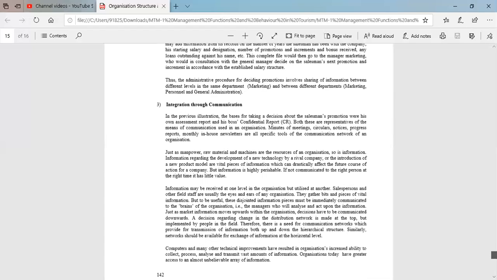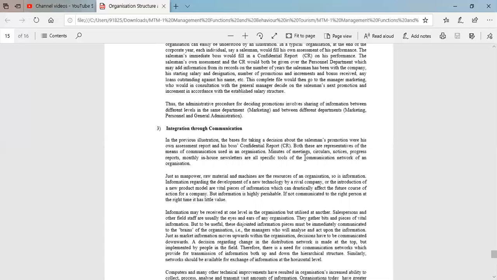Integration through communication. This is the most important and most common, and it can be used by both business as well as government. It is used in high level businesses, and in politics, there is the cabinet meeting. When the war was going to happen, there was a cabinet meeting, an all party meeting.